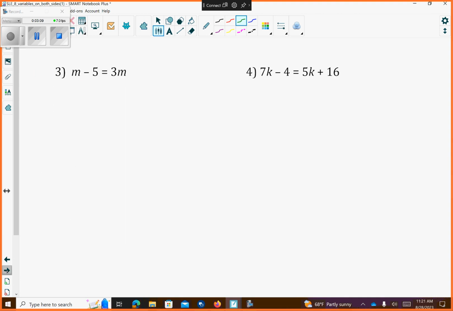Problem number 3, we're now on page 30. All right, it looks like I have an m on either side. So the first one, I'm going to subtract m from both sides, which is the same thing as 1m. Those cancel, so I get negative 5 equals 2m. Divide both sides by 2.